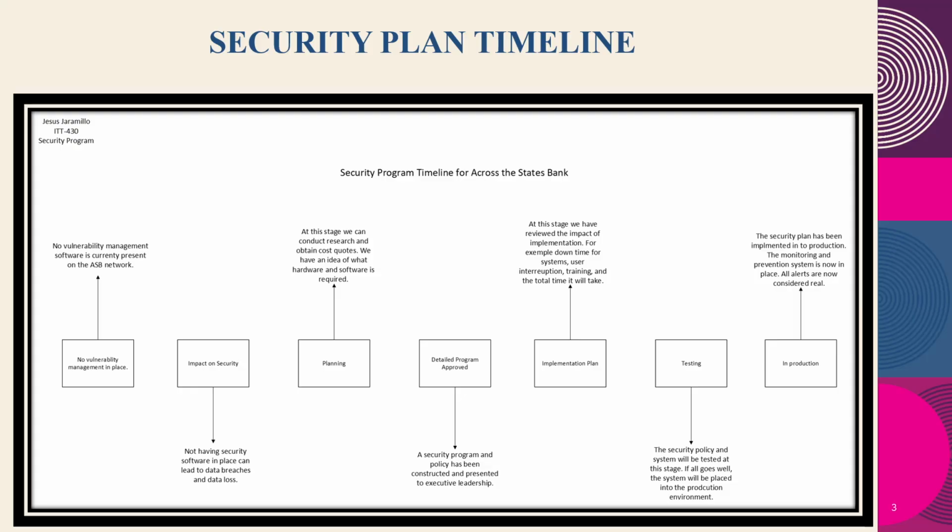Any alerts or incidents should be considered real, and everyone involved, including security personnel and technicians, should know how to respond to an incident and what steps to take for resolution. By this final stage, all costs should be in writing, how much has been spent.